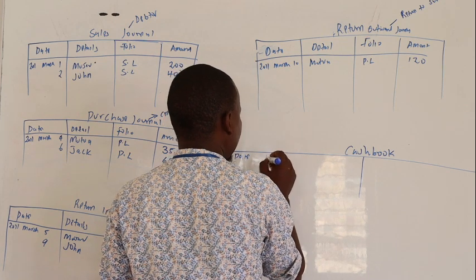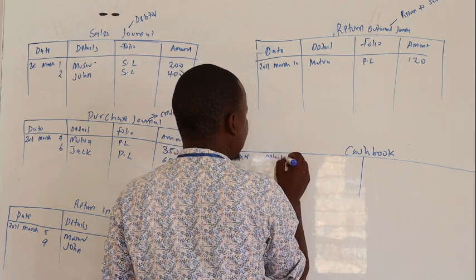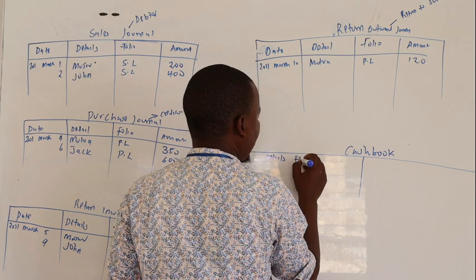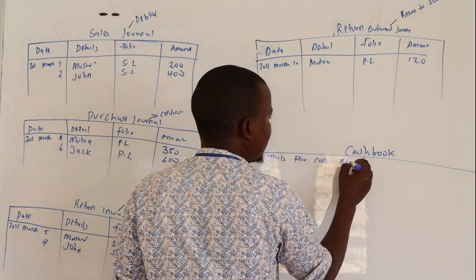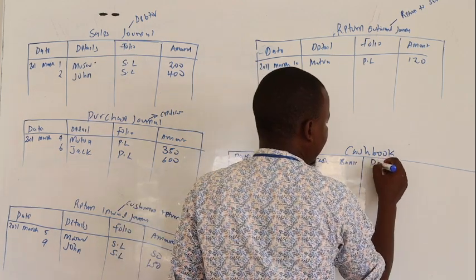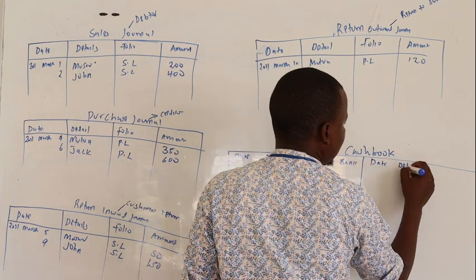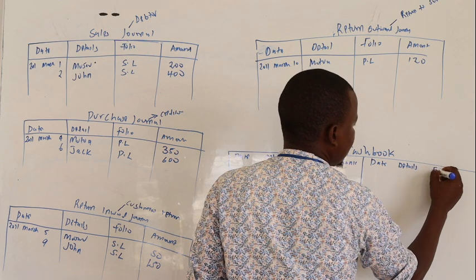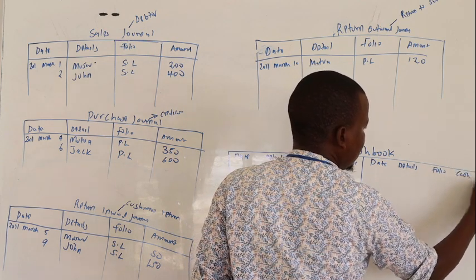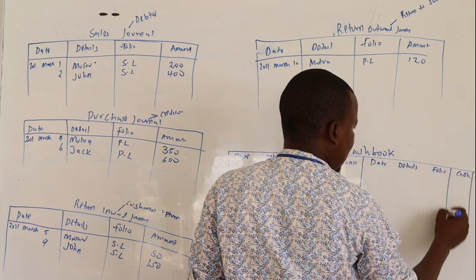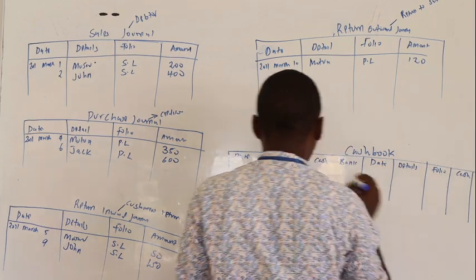Date, details, folio, cash or bank. Date, details, folio, cash or bank. These are sample of cash book.